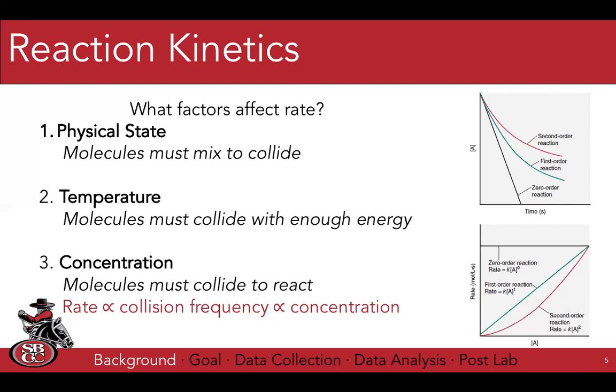So if we have 100 molecules together, the reagents, and we have 50 of one and 50 of the other, you can imagine how often those molecules will be able to find each other, bang into each other, and create a product molecule. But if you change that statistical number, keep 100, but you have one of one reagent and 99 of another, then the odds might be different and change. So concentration, we understand you have to be able to find each other and interact enough to create these products.